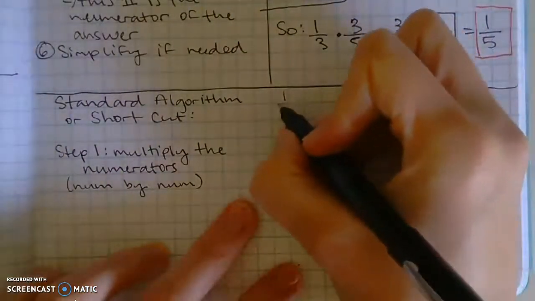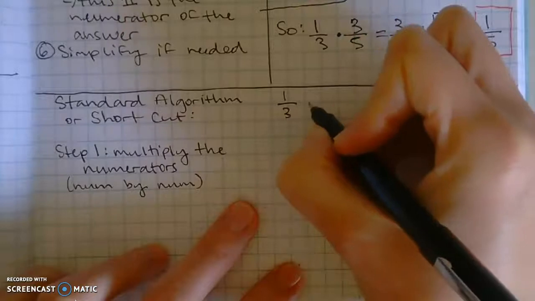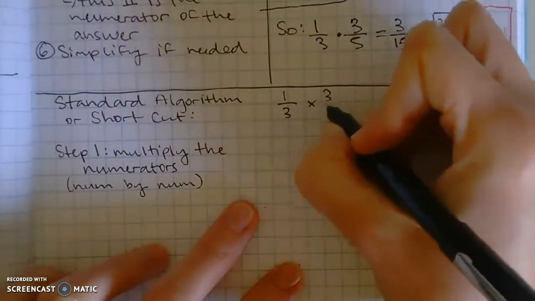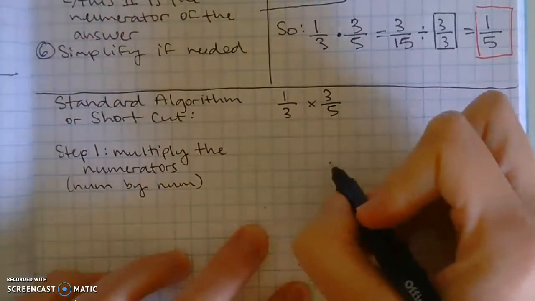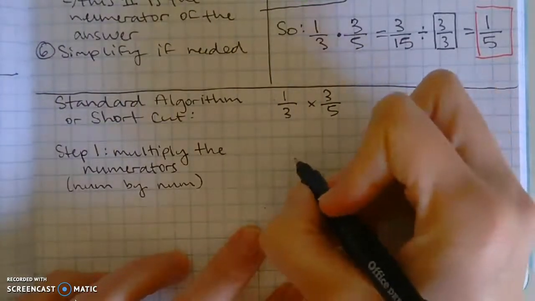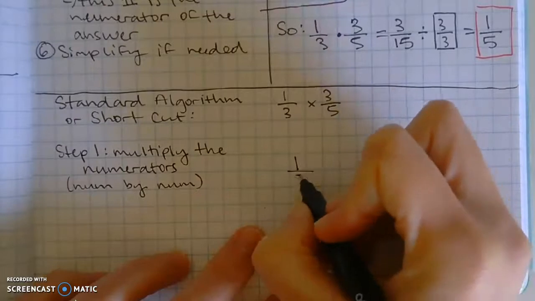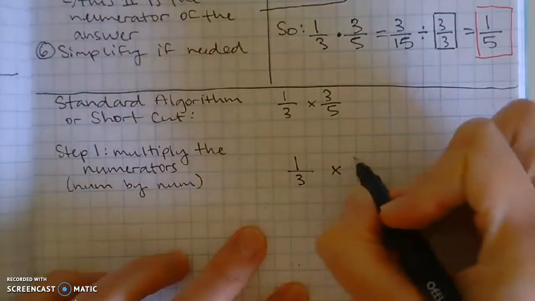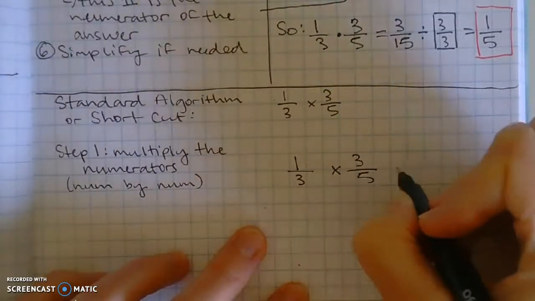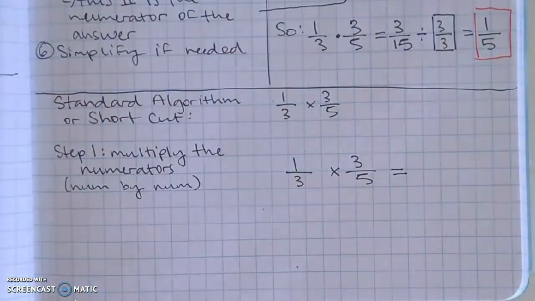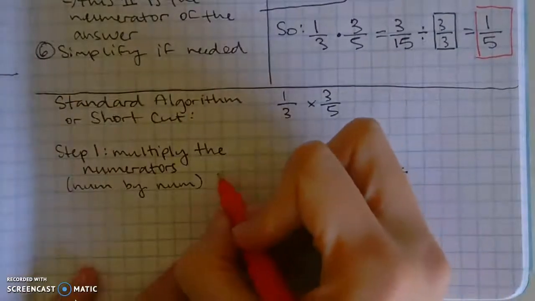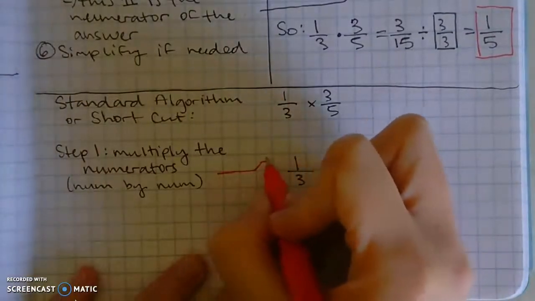We're going to use the same one we had up above, so 1/3 times 3/5. Our numerators are going to be circled in red.